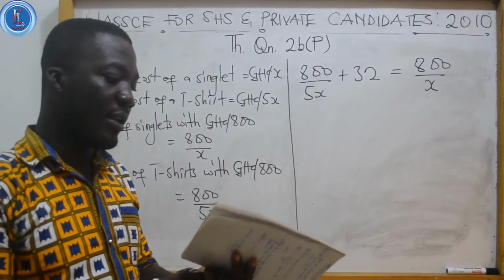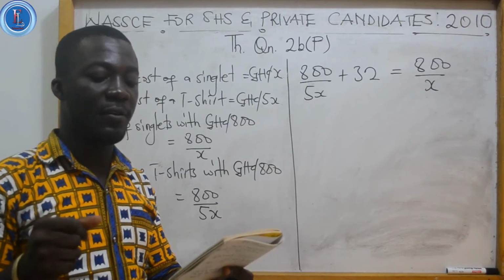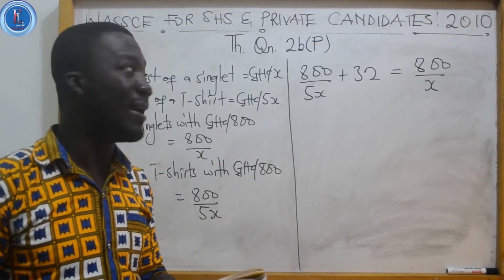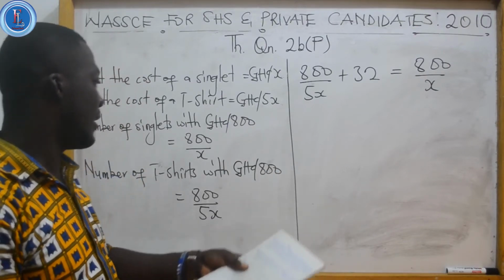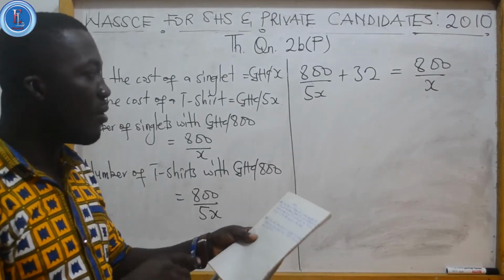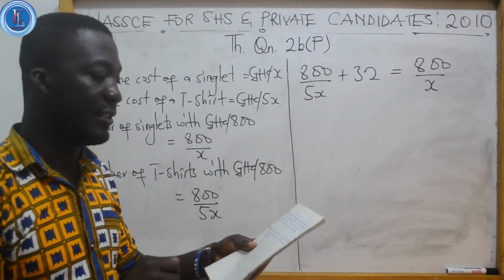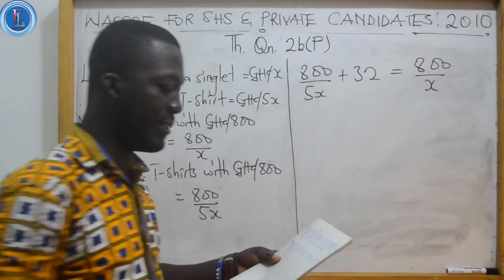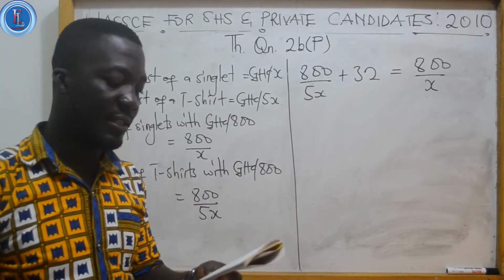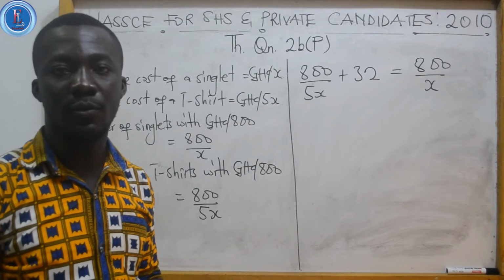So as it was in the question, for 800 Ghana cedis, a trader can buy 32 more singlets than t-shirts. This is the statement. How much does a t-shirt cost?